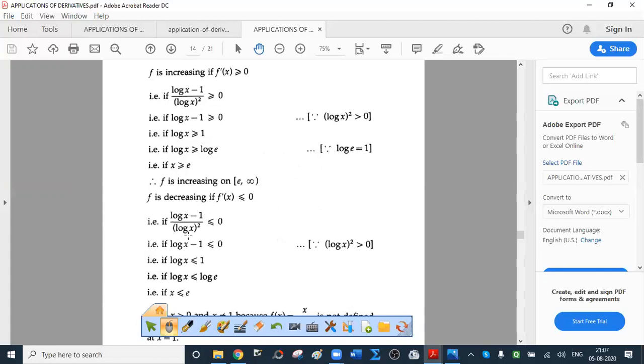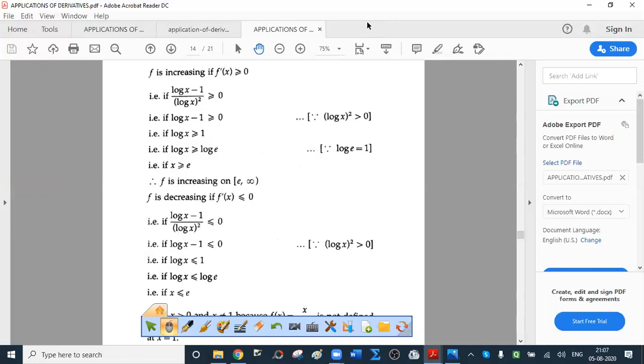Now f is decreasing if f dash of x is less than or equal to 0. That is log x minus 1 upon log x whole square is less than or equal to 0. Multiply by log x whole square, it is positive, so the inequality is not affected. So that gives me log x minus 1 less than or equal to 0, that is log x less than or equal to 1.